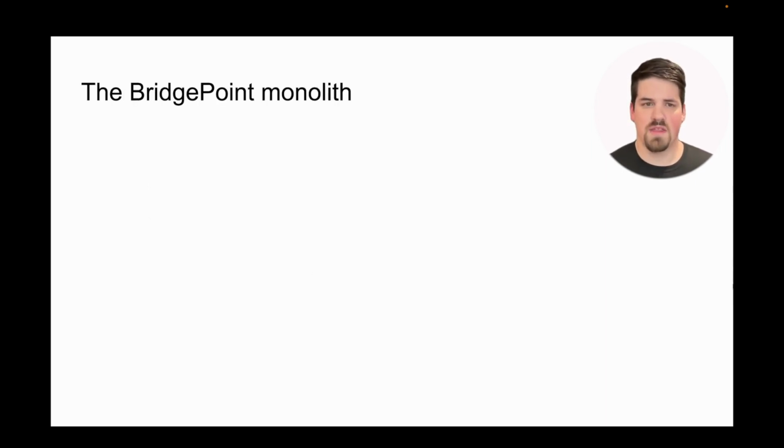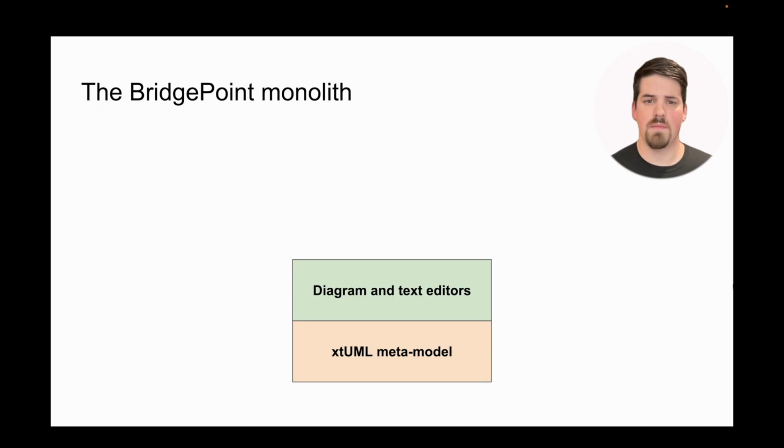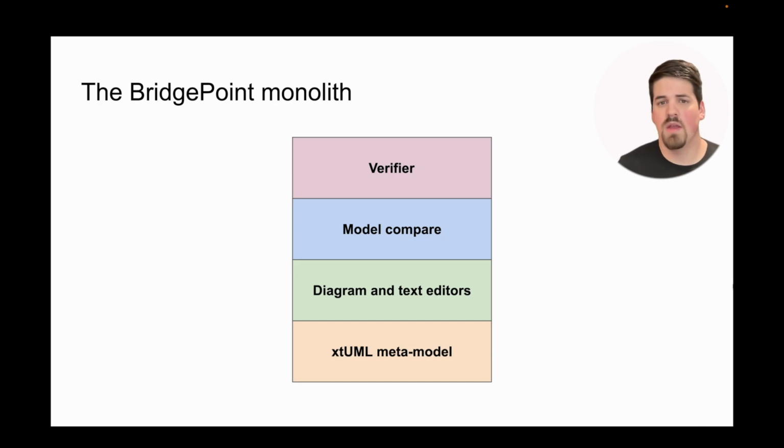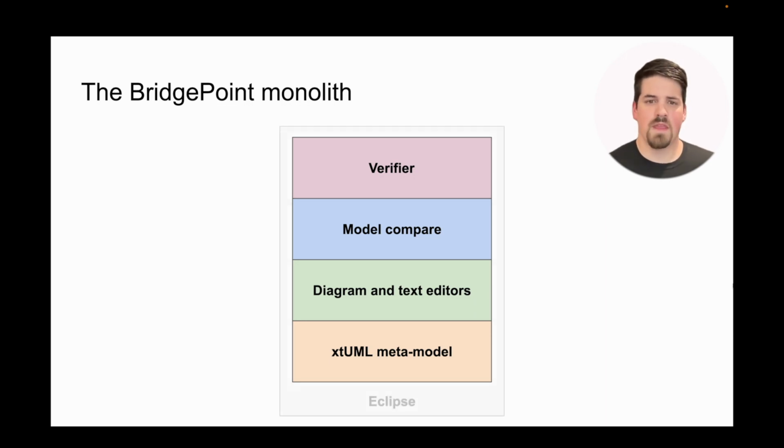BridgePoint is a monolith at the moment, so let's take a look at this. We have a bunch of good IP in here. We have the xtUML meta model, we have diagram and text editors, we have model compare, we have verifier. Many of these applications are themselves modeled and are good stuff. But the problem is they're trapped inside the platform, which is Eclipse.